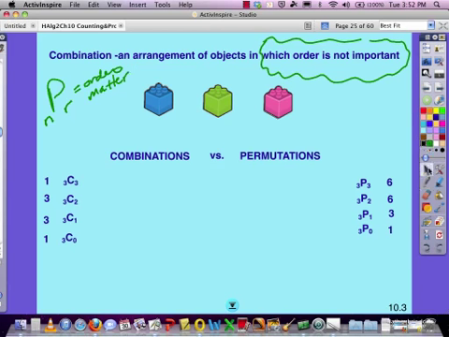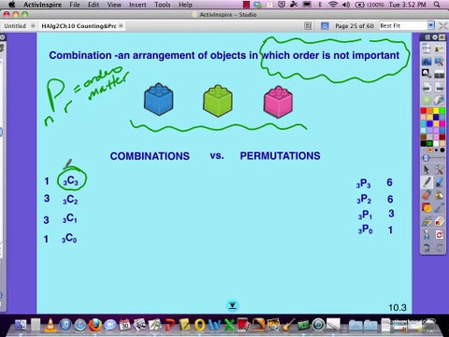So if I say, how many ways can you take these 3 blocks as a whole and arrange them in a group of 3? You're going to say, well, there's one way. 3 things taken 3 at a time. That's what that combination stands for. 3 blocks taken 3 at a time. How many ways can I do that? Once. I take them all at once.